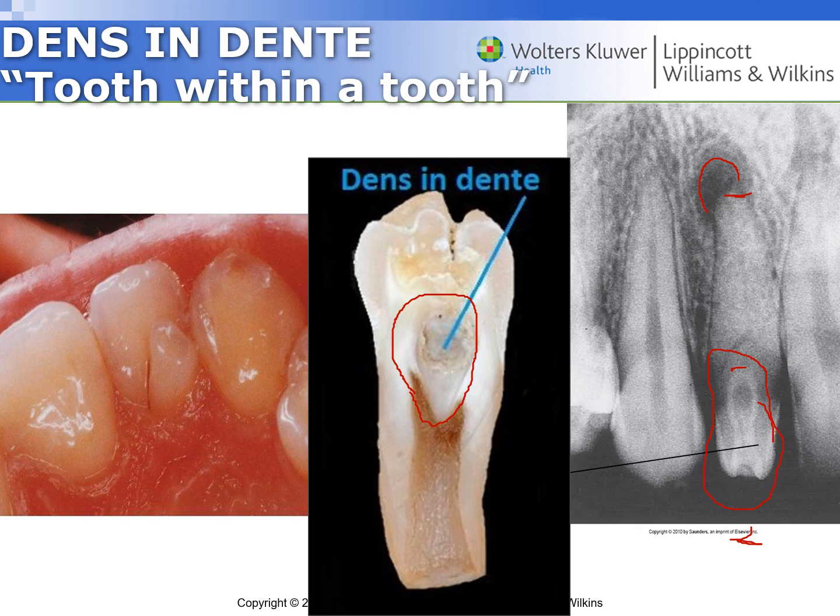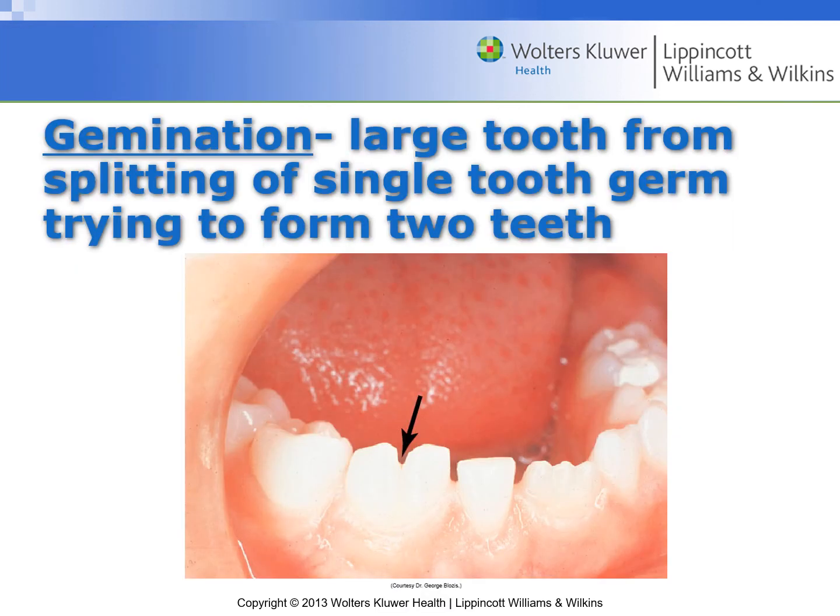This looks more like an incisal edge, and this looks more like an occlusal edge, that little tiny one. But it would be hard to clean in here. This is probably a prime area for stain and future decay. But this just happened on one tooth, and it can be a tooth within a tooth.